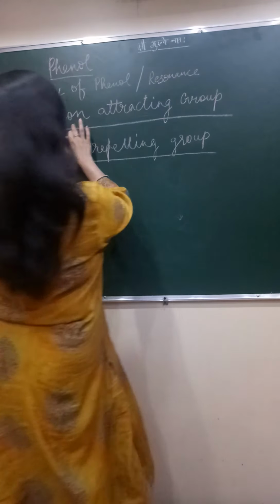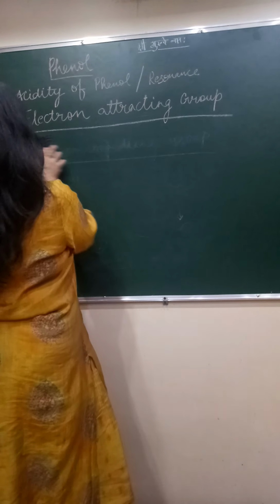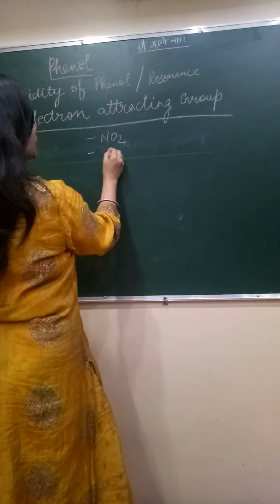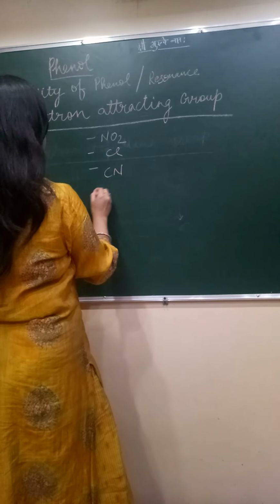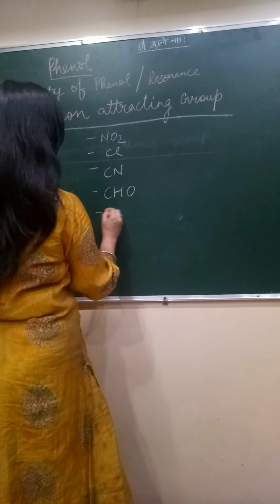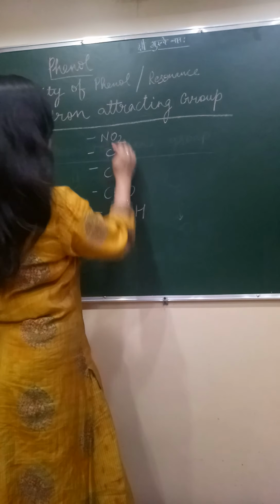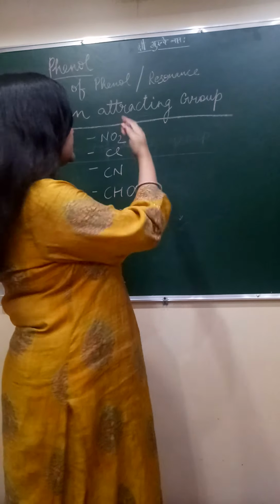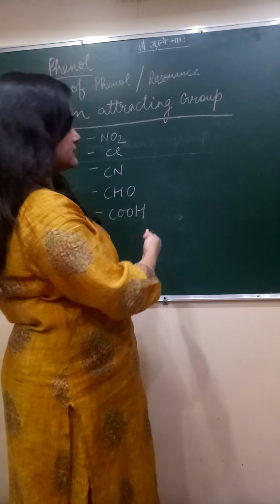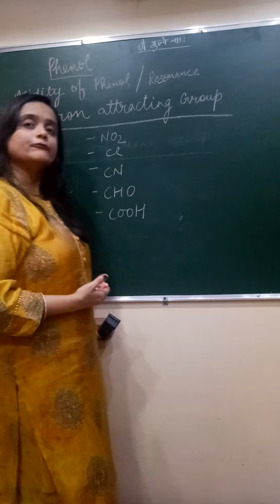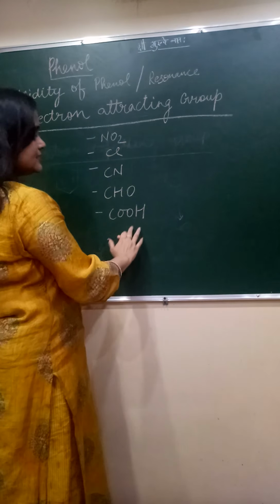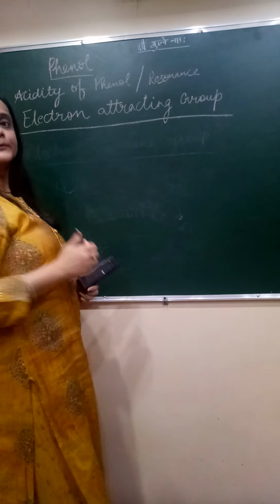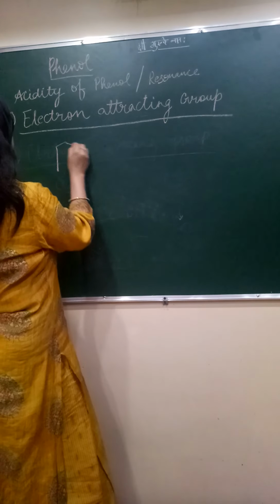So first we will do electron attracting groups. Some electron attracting groups, as you must know, are nitro group, chloro group, cyano group, aldehyde group, acid group. These all are electron attracting groups. So how do these atoms affect the acidity of phenol? Let's take an example of the nitro group.